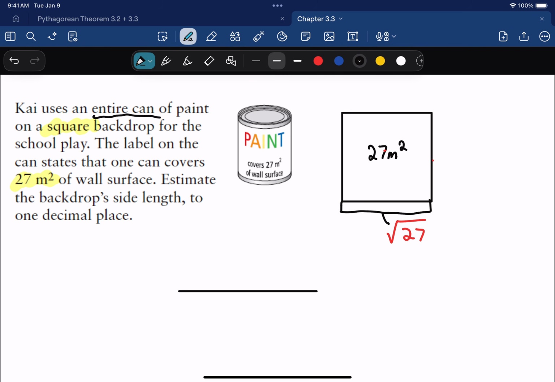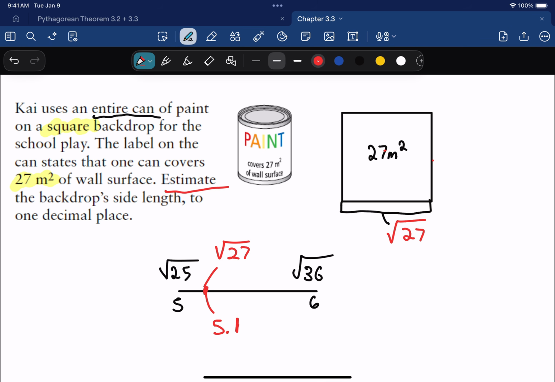So let's see. So we could do 5 times 5, which would give us 25. And then we could do 6, which would be 36. So it's going to be between 5 and 6. And 27 falls pretty close to 5, right? Okay. So this would be about maybe 5 point something. What do we think? Maybe 5.1? 5.1, I'll say, as my estimate.